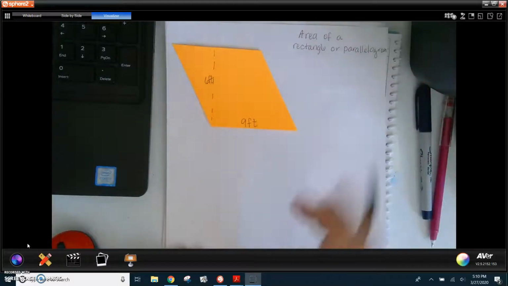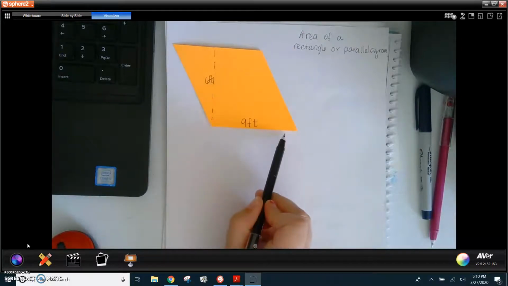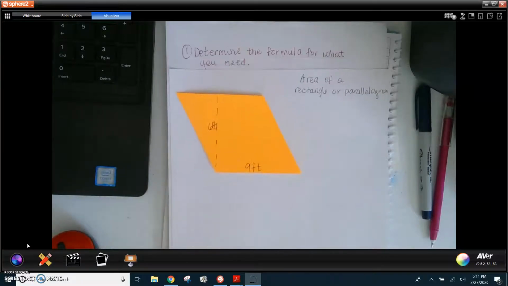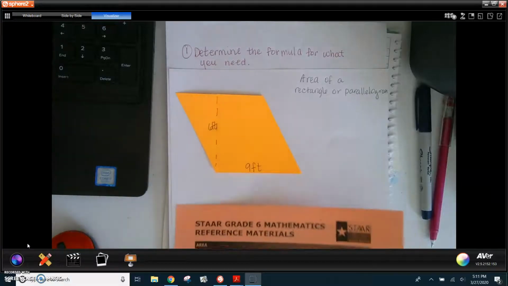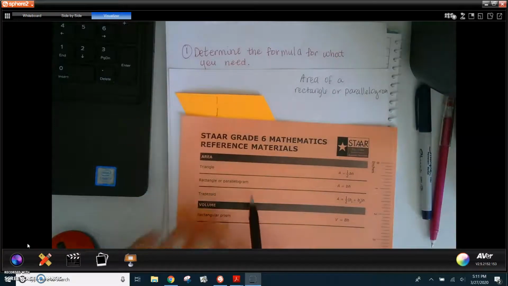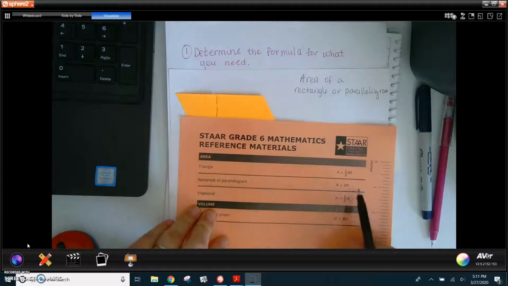And so in this shape here, we have a base of 9 feet and a height of 6 feet. So first thing we're going to do is determine the formula for what we need. I'm going to use my mathematics reference materials, and I'm going to say, okay, the formula for area of a rectangle or parallelogram is base times height.